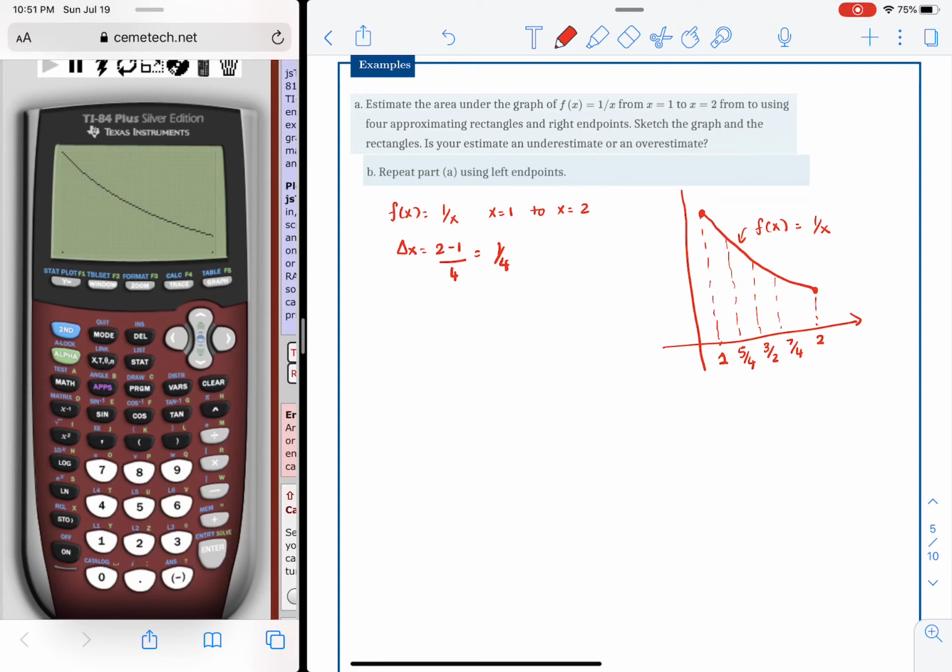So we have to use the left endpoint, or is it the right endpoint? So we have to use the right endpoints.